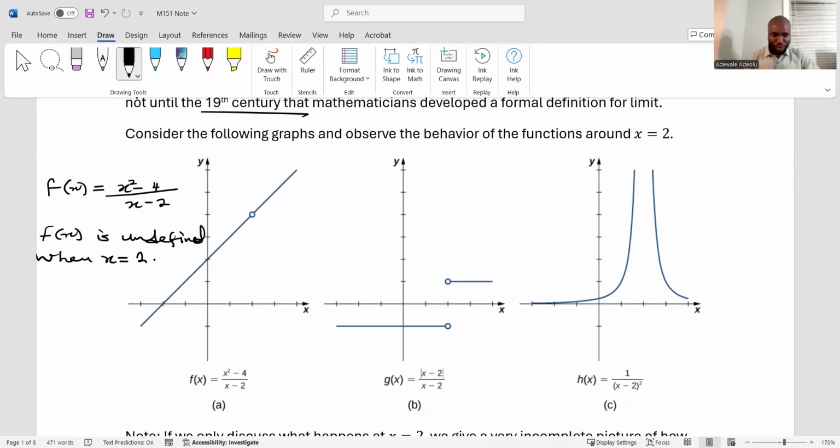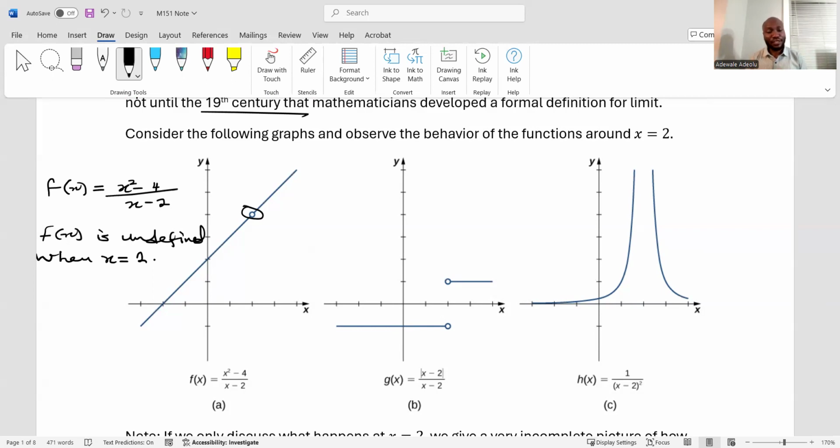we are not giving a complete description of the function around that point if all we say is that the function is undefined at the point 2.